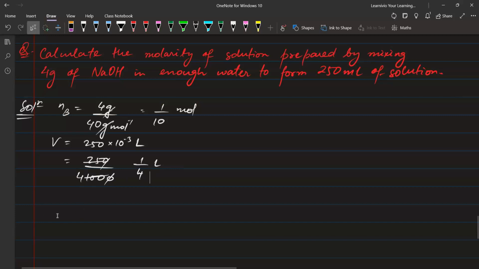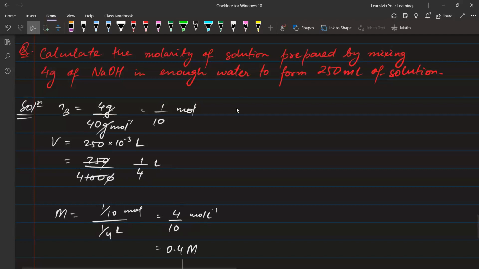Now molarity is equal to number of moles, 1 upon 10 mole, divided by the volume of solution in liters, 1 upon 4 liter. The 10 will go down, 4 will go up. I will get 4 upon 10 moles per liter, and this will be equal to 0.4 molar.